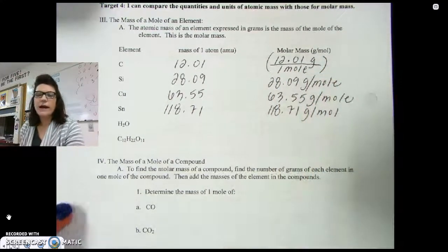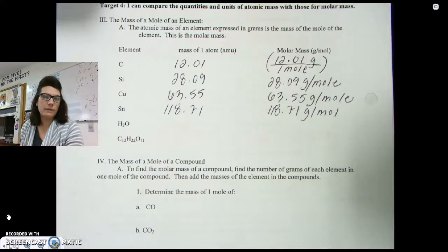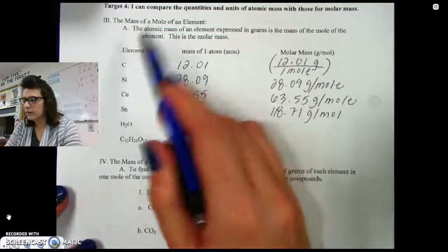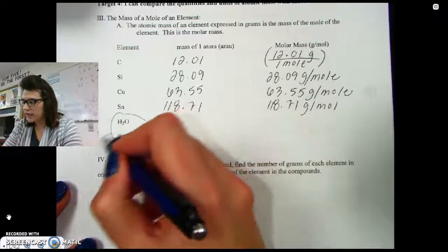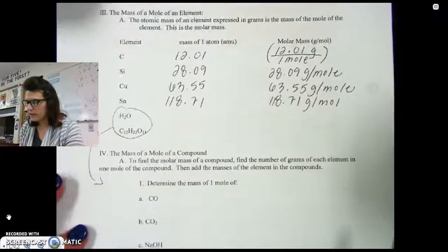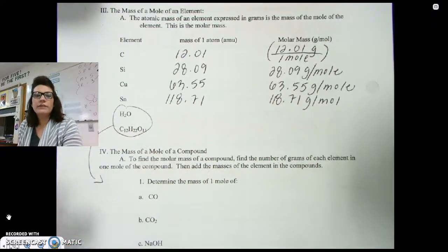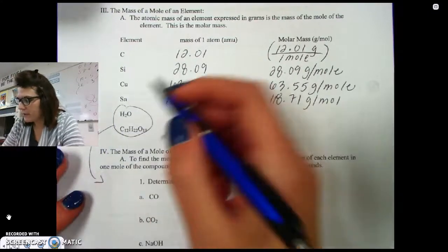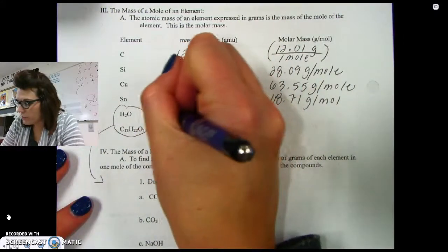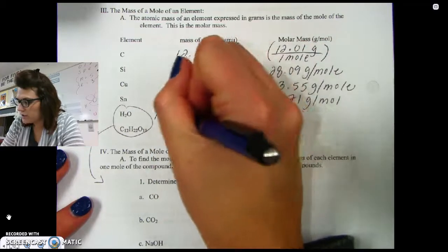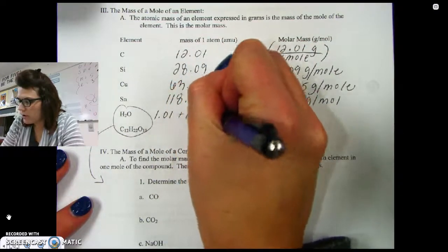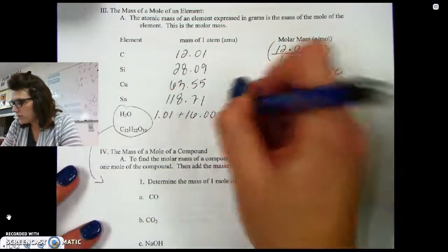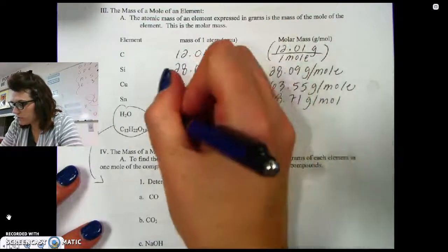Okay, now what if I have something that's more than 1 element? I know that this is in the element section, but we can kind of move these guys down here, and I'll talk about that. If I'm given a compound, so more than 1 element is present, all I'm doing is adding their masses together, right? So for instance, for water, hydrogen's AMU is 1.01, oxygen's AMU is 16.00, so the total is 18, well, there's 2 of these, I'm sorry.